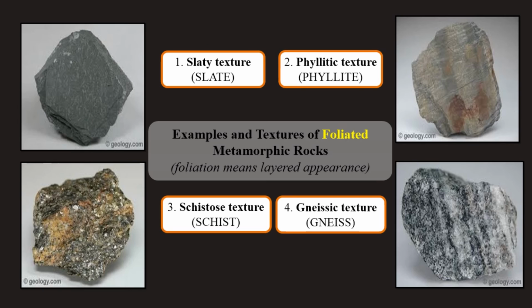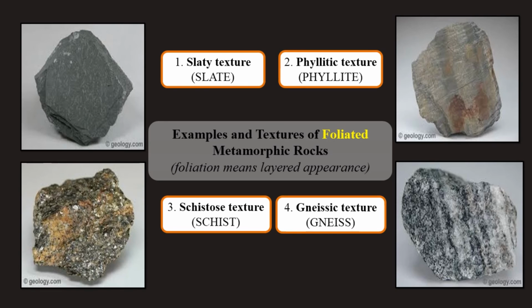As we can see on each picture, we can see the different foliation. For the slate, the minerals are microscopic, meaning the rock may not appear foliated to our naked eye. In phyllite, which exhibits phyllitic texture, the minerals are barely visible to the naked eye.